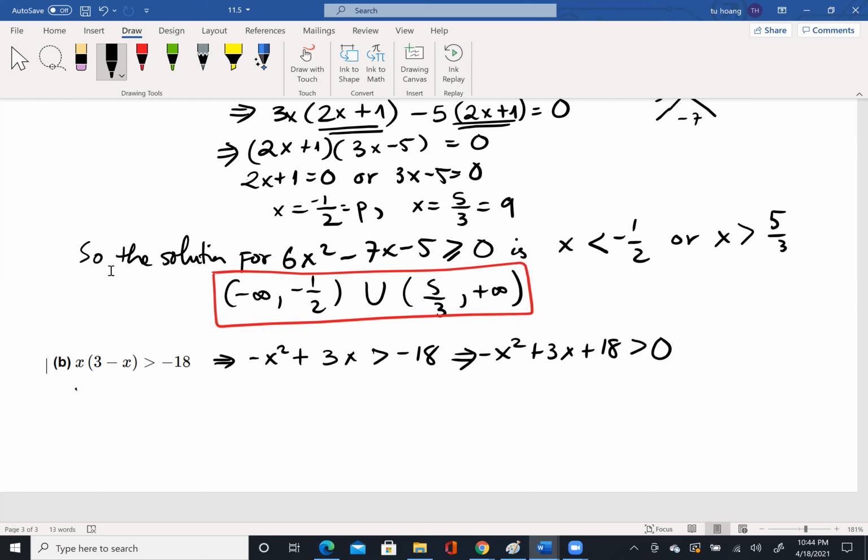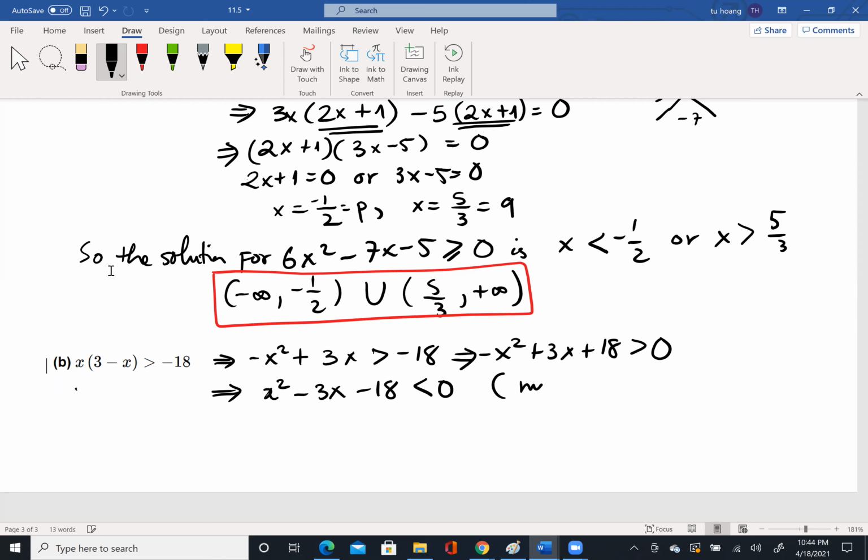Okay, so what I do is I'm going to multiply both sides by negative 1. So watch out for this one. Multiply both sides by negative 1. So I have x squared minus 3x minus 18 less than 0.